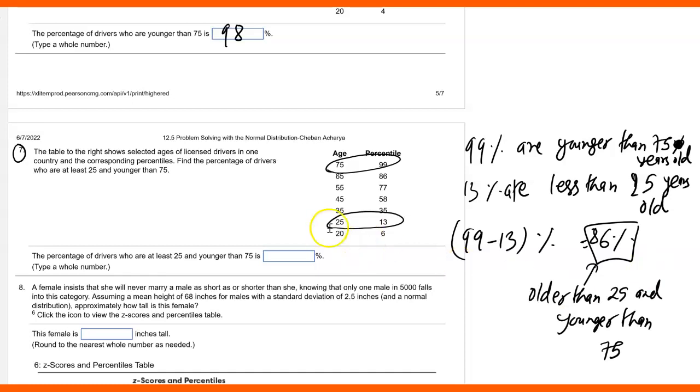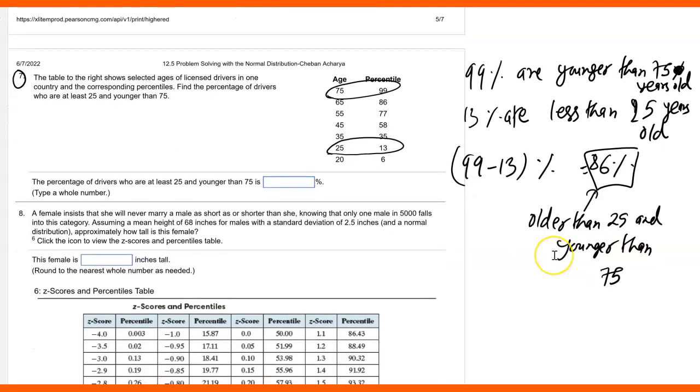In other words, this 86% are at least 25 years old and younger than 75. They are at least 25 years old but younger than 75. That's the answer here. The percentage of drivers who are at least 25 years old and younger than 75 is 86%.